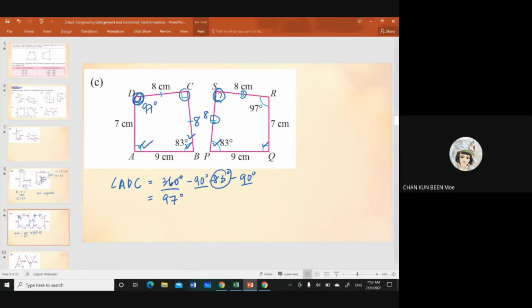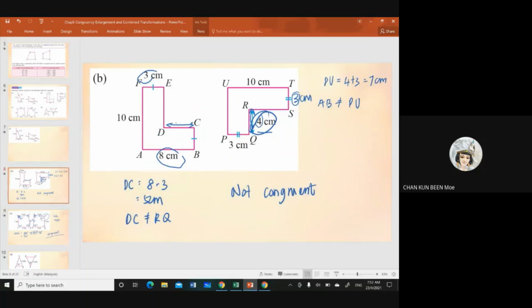Then you just need to compare the 97 with this 97. They are the same, right? Yes. So all the sides and the angles are the same for the corresponding sides and angles, meaning that these two diagrams are congruent.